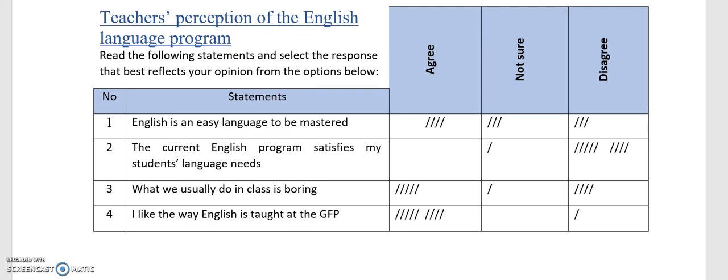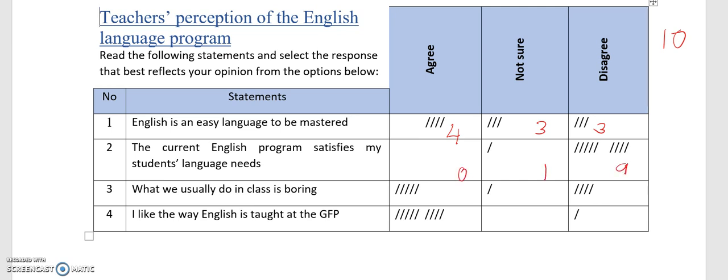I'm done with counting the students. I've just counted how many students chose agree, for example, out of 10. Remember that my total number is 10 students. So for example, it is 4 here, and it's 3. Then it is 0 here, 1, and 9.